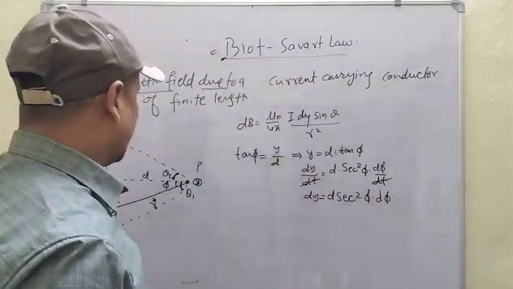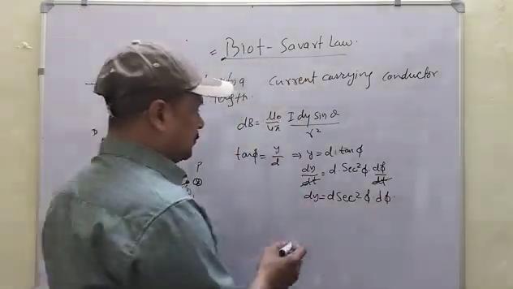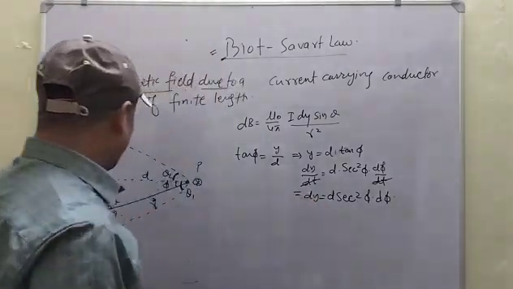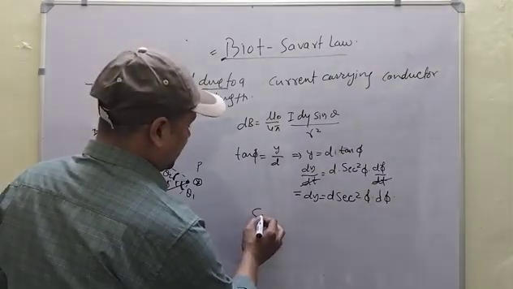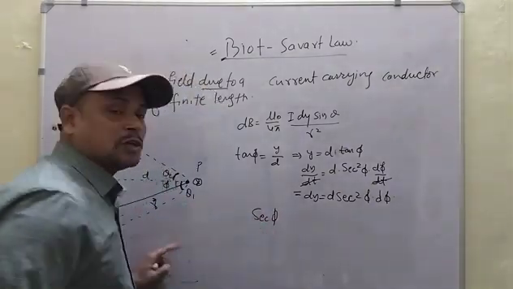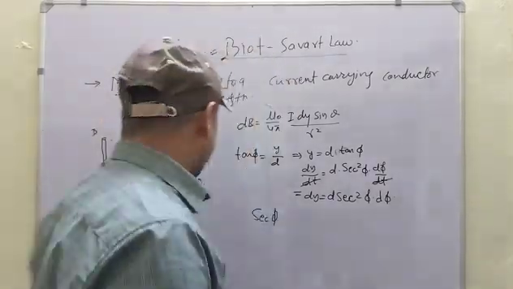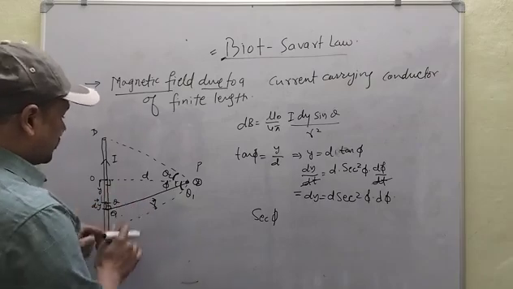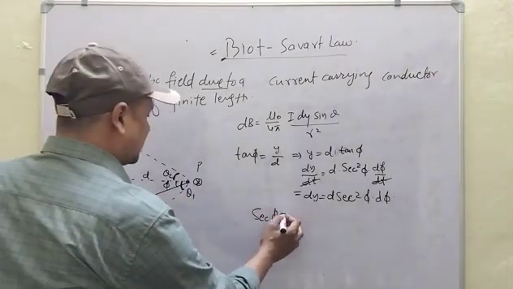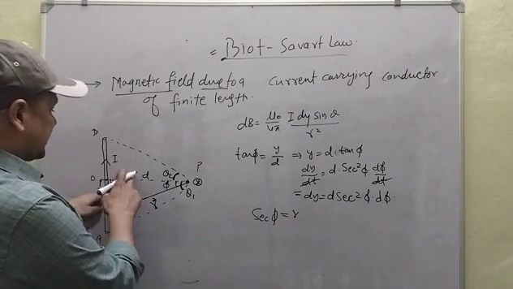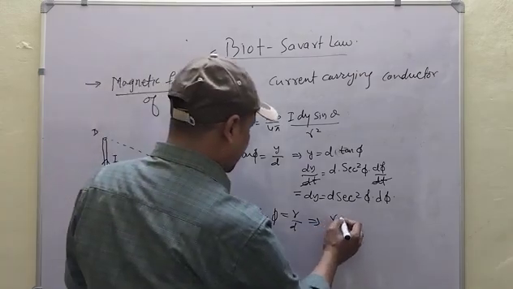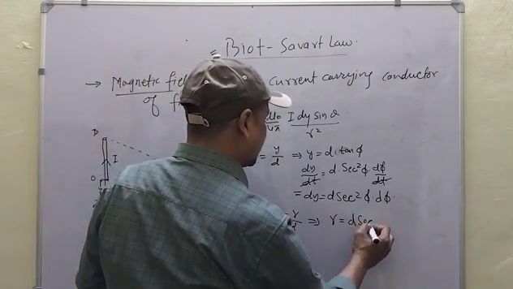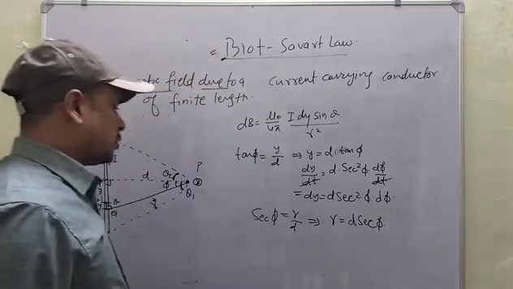So we have this dy. Now we need r. Sec phi is hypotenuse upon base. In this triangle the hypotenuse is r and the base is d, so r equals d sec phi.